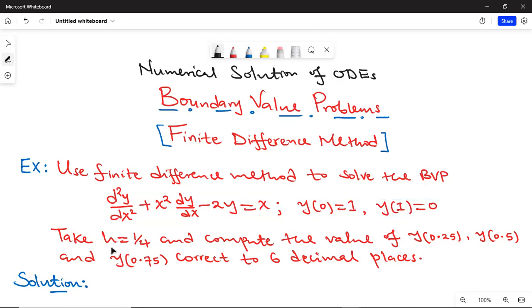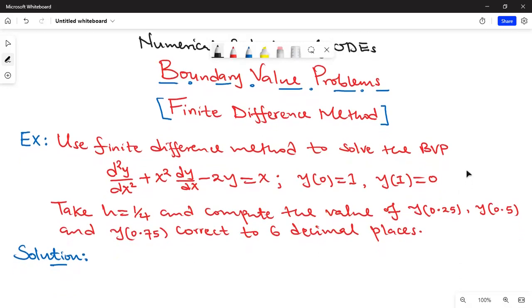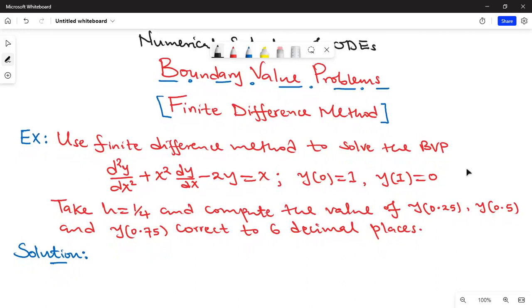Take a step size of h is equals to 1 over 4 and compute the values of y of 0.25, y of 0.5, and y of 0.75 correct to 6 decimal places. So let's see how to go about this problem.